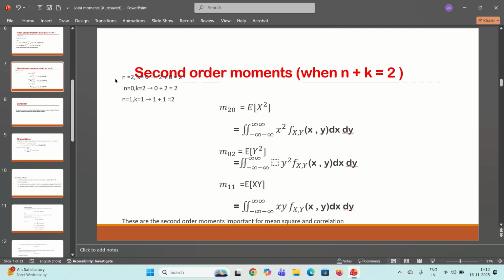Second one is n equals 0, k equals 2. The sum of n plus k equals 2. Third case is n equals 1, k equals 1. The sum of n plus k is 2. Let us see case 1.